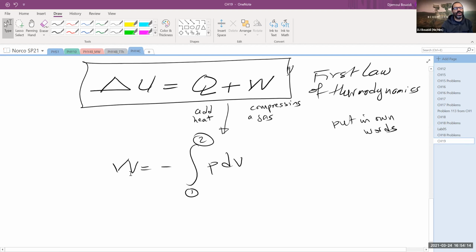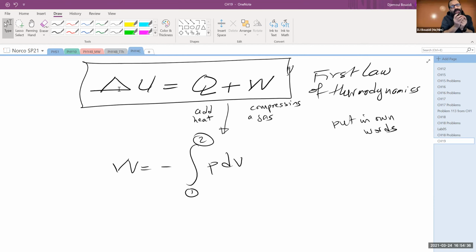So work is going to be a positive value that you add to delta U. That means you're increasing the energy, because as you make the volume less and less, multiplied by negative, it's going to be a positive value. You multiply it by P, and now you have an increase in the energy of the system.